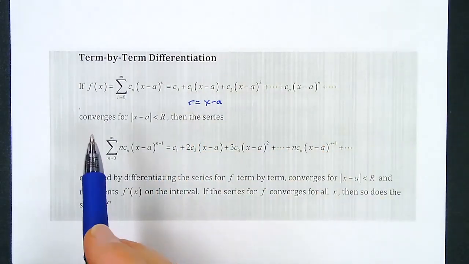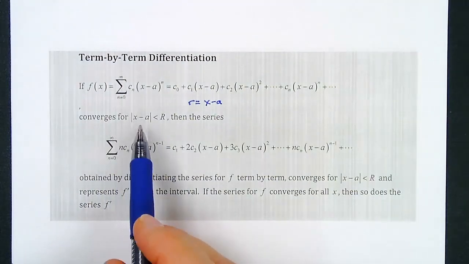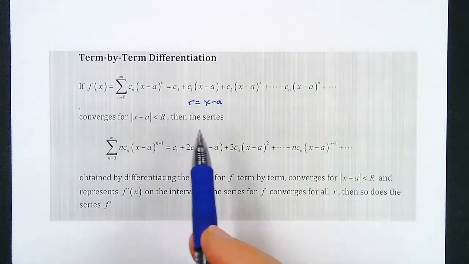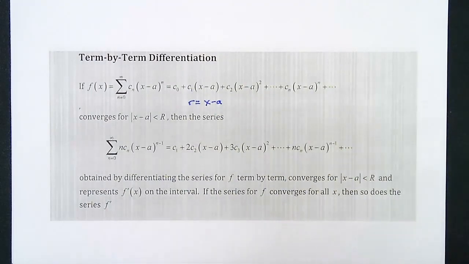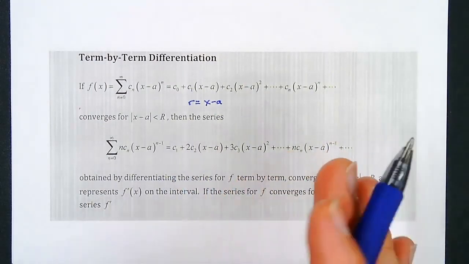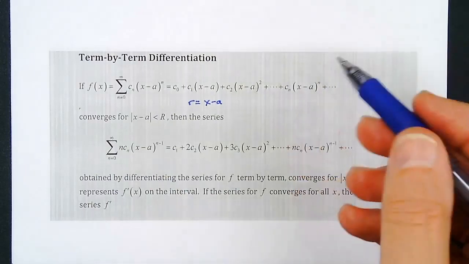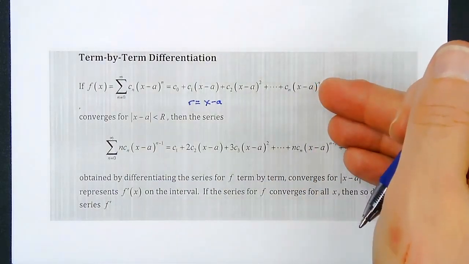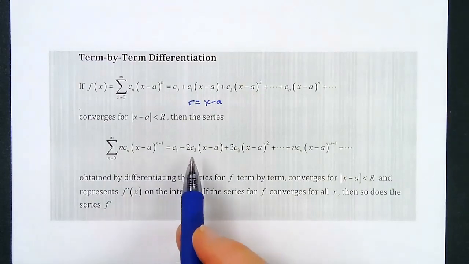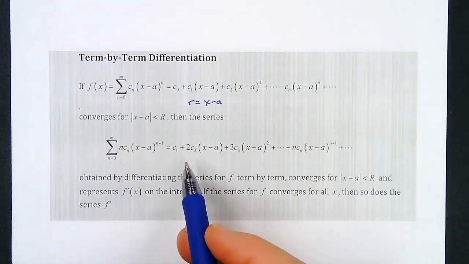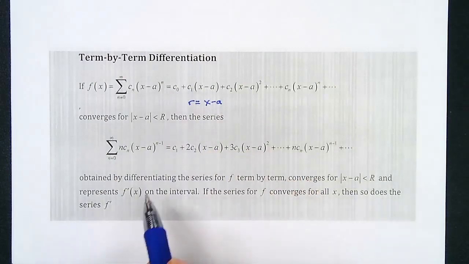And so it's going to converge for the absolute value of x minus a less than some r value. So that's going to change depending on the problem that we have. And so then we know if this series converges, then the series, which is this one, is obtained by taking the derivative of this power series. It's always going to take on this form.